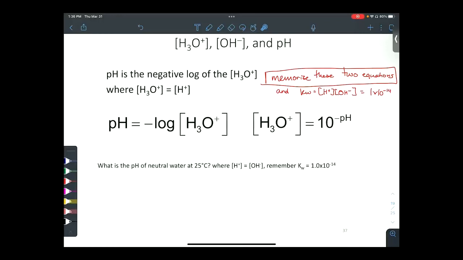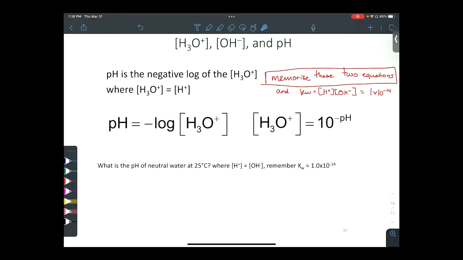For example, you can also calculate pOH, which is the negative log of the OH concentration. P bananas would be negative log of the concentration of bananas. So that P just means negative log of something. For example, we saw Ka values, and there are also pKa values. A pKa value is negative log of your Ka value. So whenever you see a P in front of something, it just means negative log of.